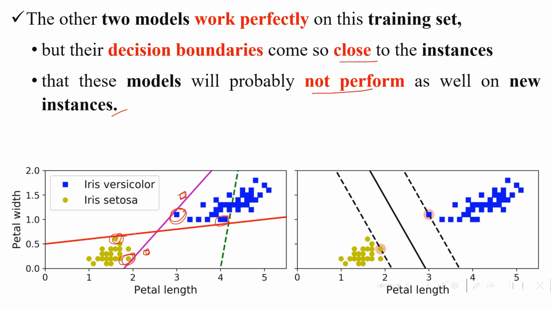For example, if this is a yellow point and this is a blue point, the thick red decision boundary separates the yellow as versicolor, and this versicolor point as belonging to the setosa class. That's why these two models are very bad models. They do not classify new instances well. Whenever you give a new instance, it does not perform well on the new data.